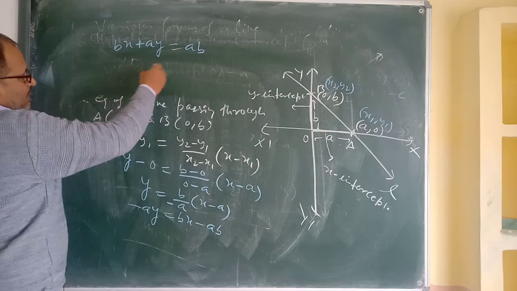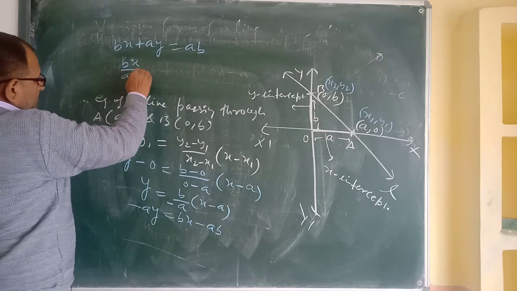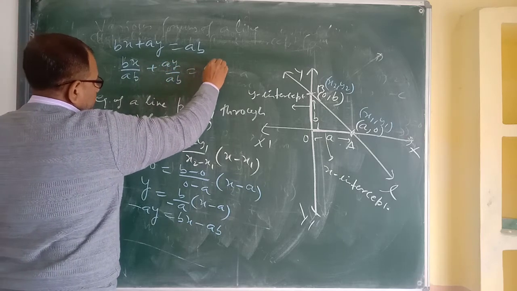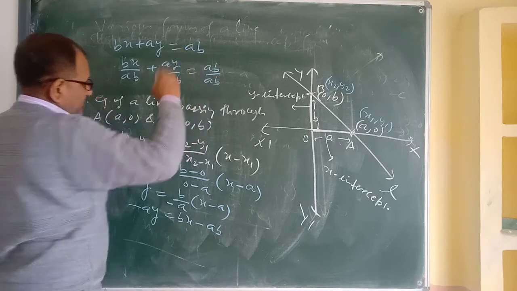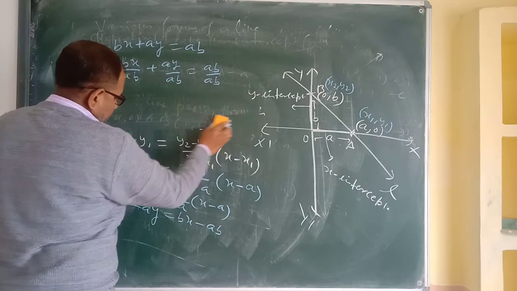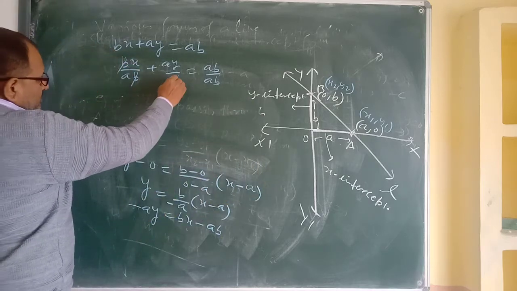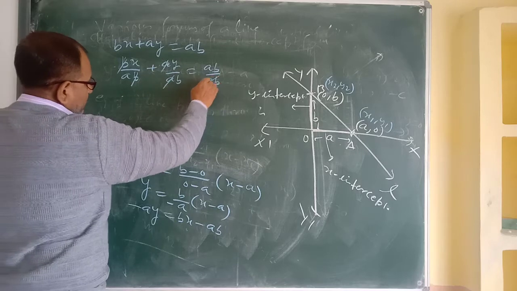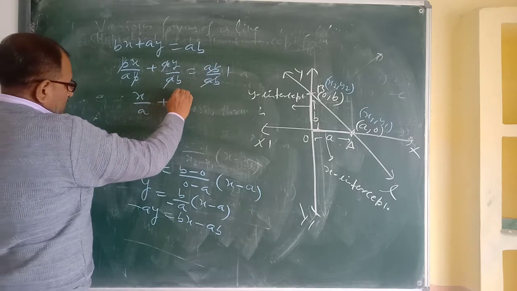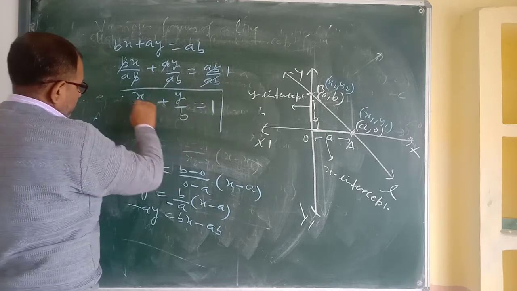Dividing both sides by ab, divide the whole equation by ab. So bx upon ab plus ay upon ab is equal to ab by ab. b cancels with b, a cancels, ab cancels one time. So it is x upon a plus y upon b is equal to 1.